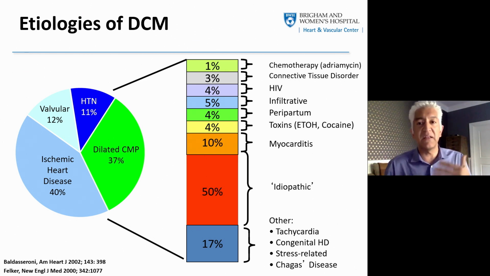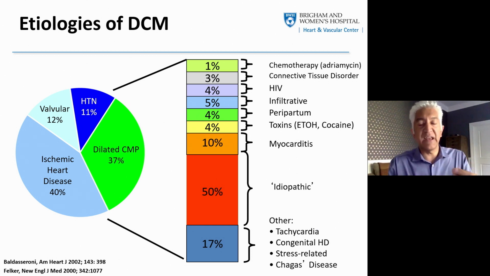The paradigmatic entity there is adriamycin or daunorubicin or doxorubicin, but there are a number of other new chemotherapeutic agents, including immune checkpoint inhibitors that have been implicated, a range of other disorders, and we'll talk about some specific entities, including toxin and peripartum cardiomyopathy, as well as myocarditis. But even after we've done an exhaustive search, there's still about half of these cases that are unexplained, and those are idiopathic cardiomyopathies.